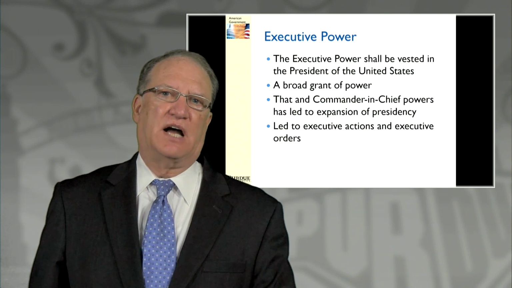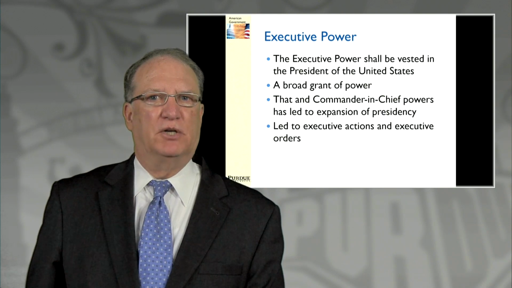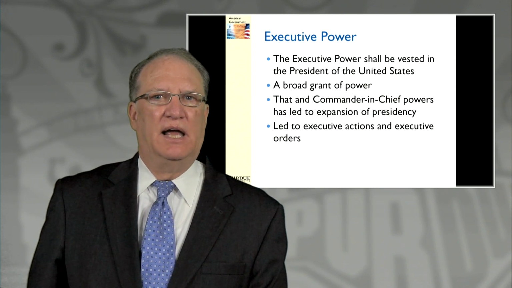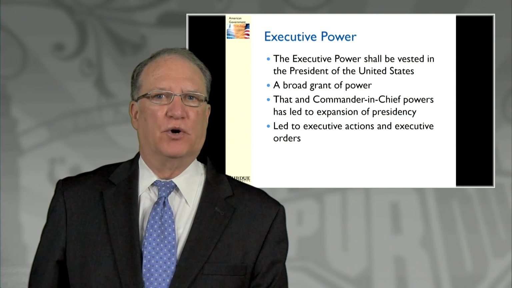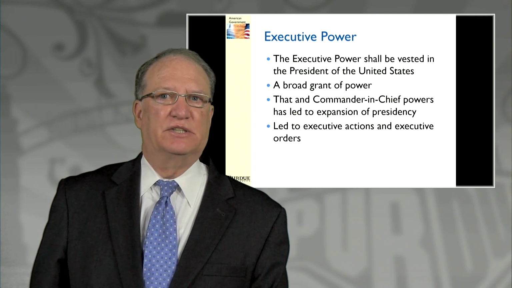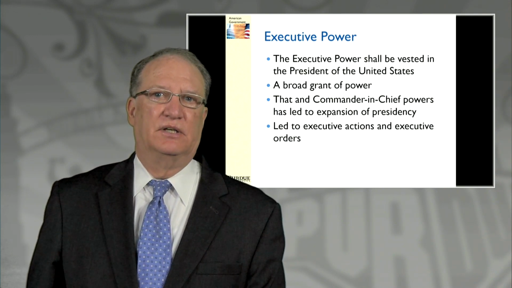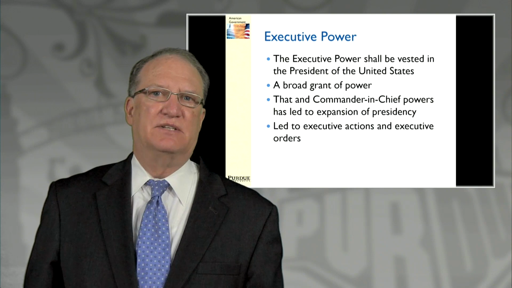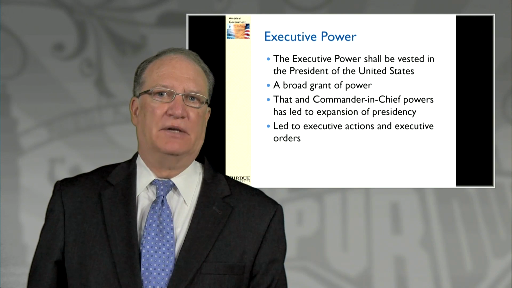That and the title Commander-in-Chief given to the president gave the president much power in war, as well as power to carry out executive orders and create what are called executive agreements, which are essentially treaties but don't get ratified by the Senate. So that phrase, executive power, gave presidents a great deal of power to interpret what that meant.